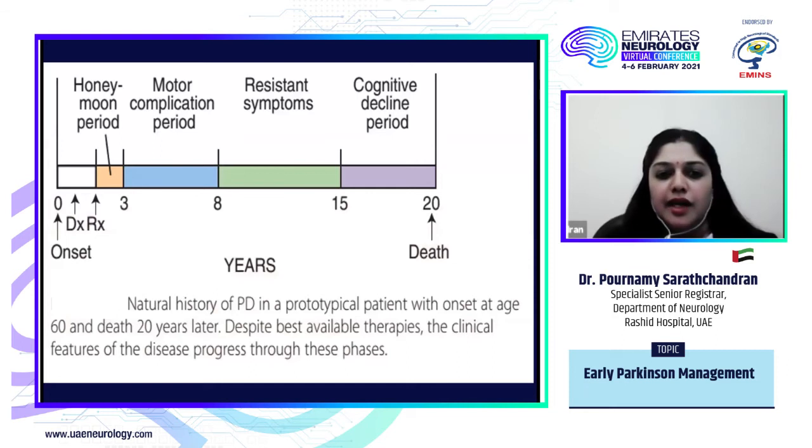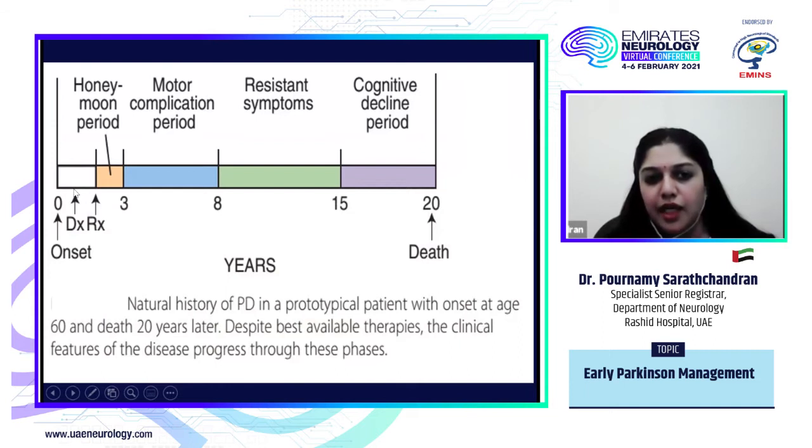As I told, when the Parkinson's disease neurodegeneration starts, for quite some time there will be no motor symptoms and patients cannot be diagnosed with Parkinson's disease. And once they are diagnosed, in the initial stages probably they will not require any symptomatic medications.